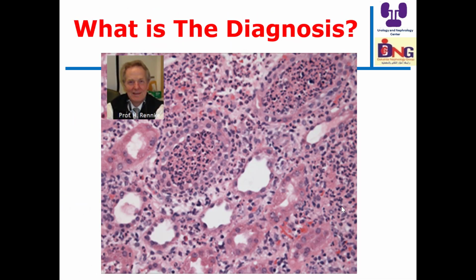Some cases. If this is a case with acute allograft dysfunction, what's your diagnosis? Acute cellular rejection? No, it's not rejection. This belongs to Professor Helmut's slides, professor of nephropathology at Harvard.